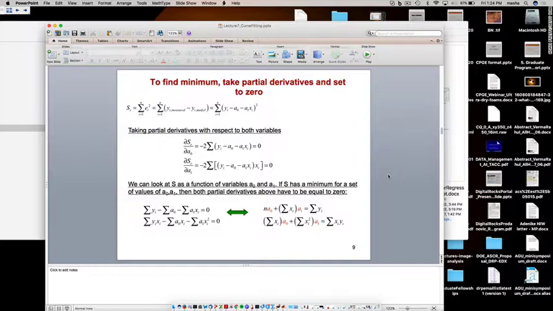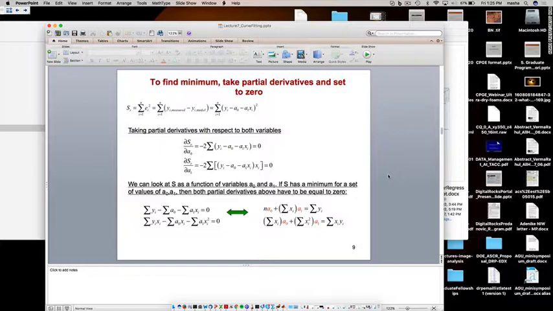If this one was just a sum, what I would get is minus 2 times y1 plus a0 plus a1 x1. Oh, excuse me, minus. Minus 2 y2 is equal to 0, correct?